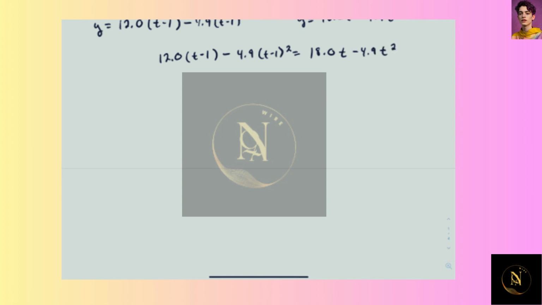And now again, I'll expand out the left side this time. So I have 12t minus 12, and it expands the same way. Minus 4.9 t squared plus 9.8t minus 4.9.